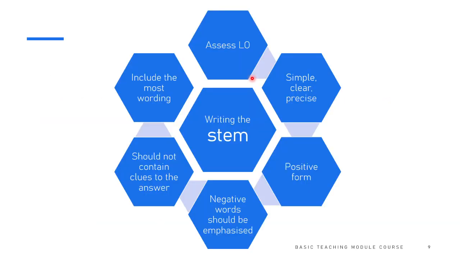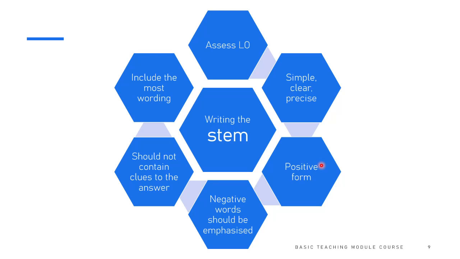So the point on positive form is that you should not write with double negatives or negative statements, meaning the use of not or except, depending on the situation. If you think the question does not require students to detect the negative form, then just put it in a more direct form.